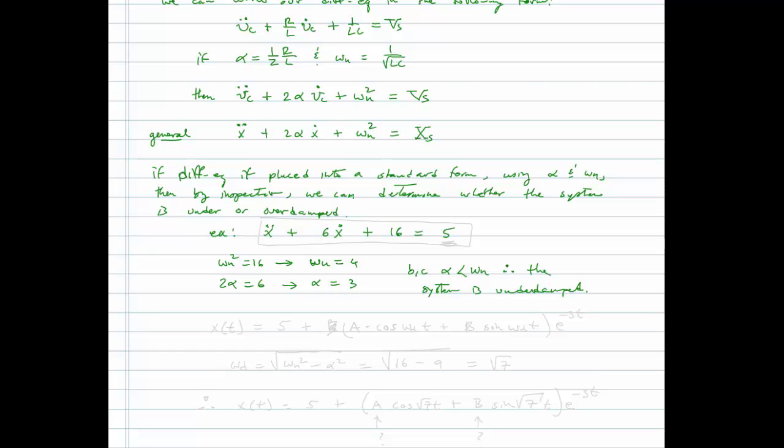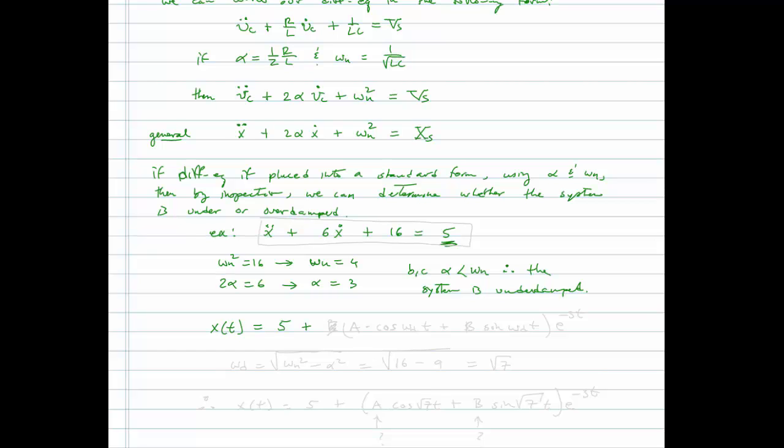In fact, I can write the solution by inspection here. I can say the complete solution in this case, x of t, is going to be equal to 5. That's my forcing function, right?